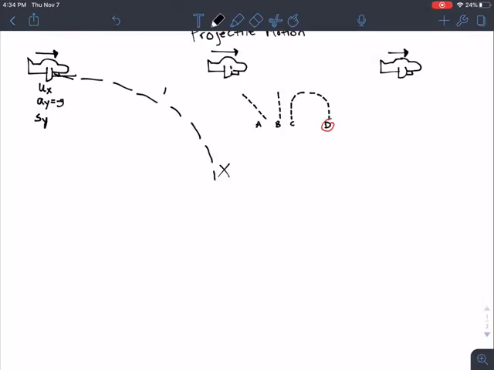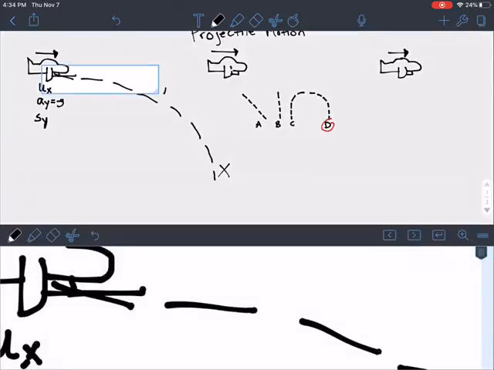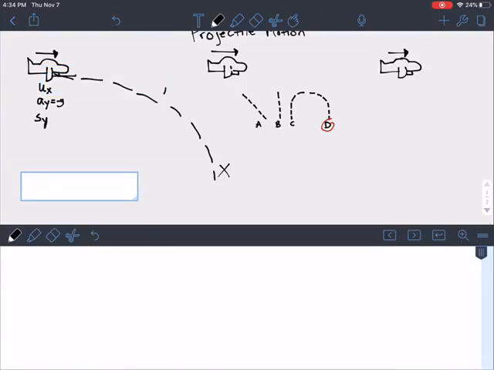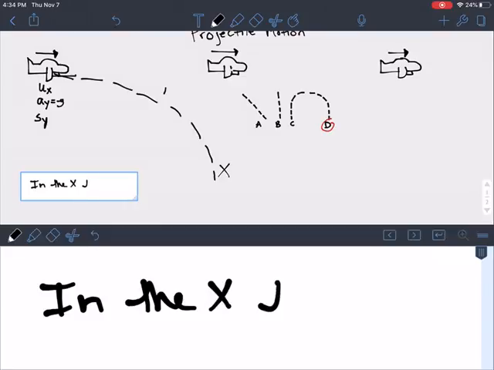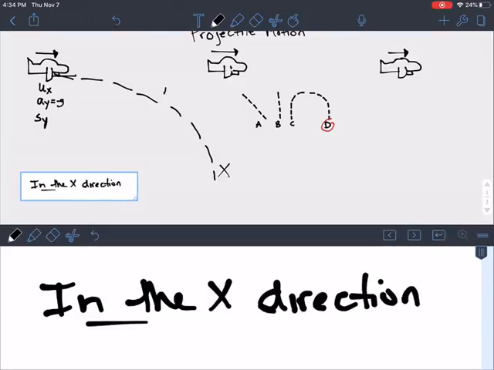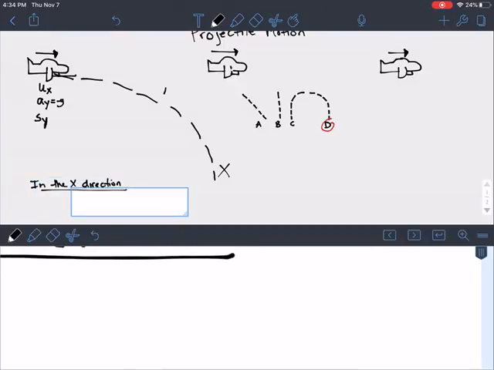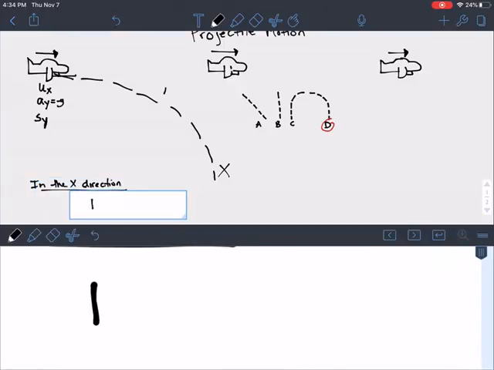With 2D motion, what we end up doing is we split the X and the Y up into two different sections, and that's how we'll also solve the problems. So specifically, in the X direction, we've already said this once, we are neglecting air resistance.